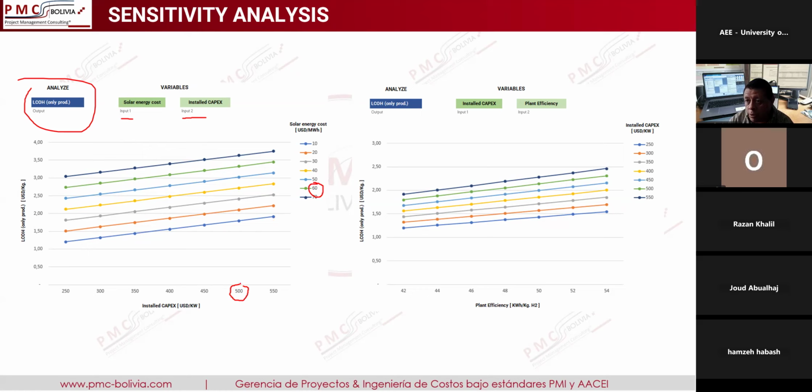We can go up to the green line and to the left to see approximately how much is the LCOH, approximately 3.4 dollars per kilogram.